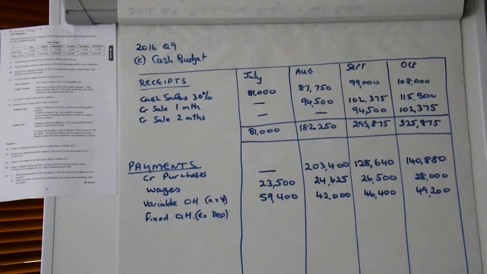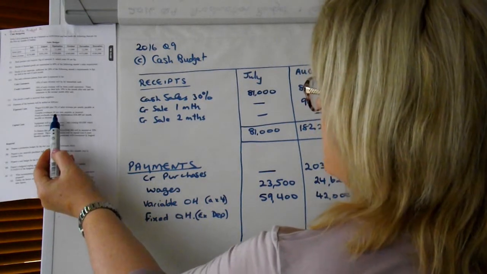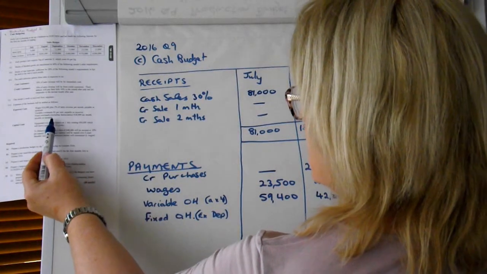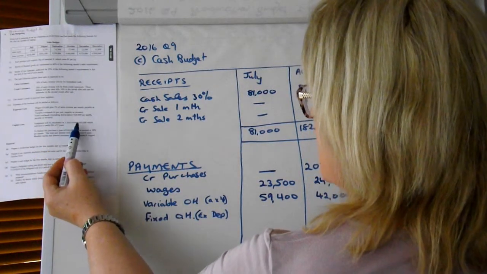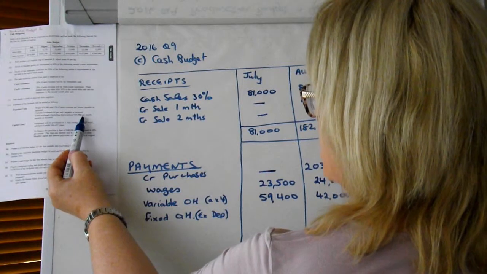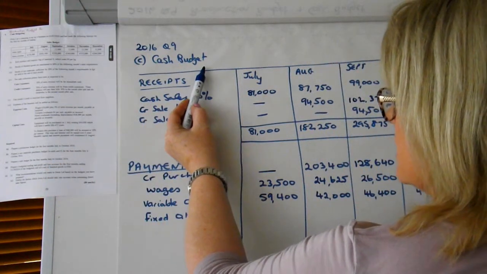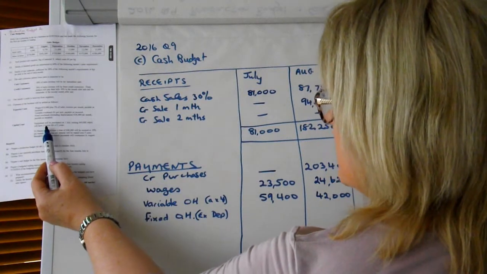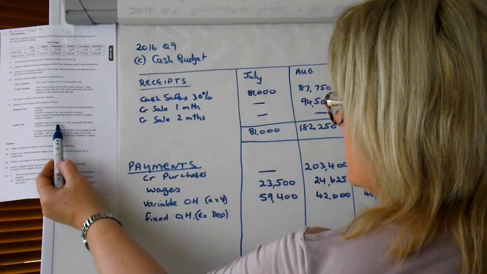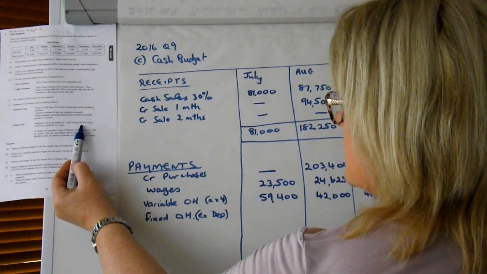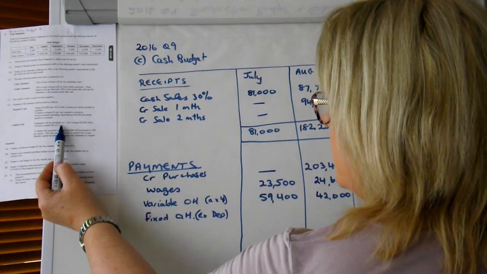The next piece are the fixed overheads, and the figure that we're given in the question includes depreciation, 28,000 per month payable as incurred. So we have to calculate the depreciation and take it out, because depreciation is a non-cash item and doesn't belong in a cash budget. So if we take a look at the next piece, we see that equipment is purchased in July. At the beginning of July, it costs 60,000 and it will have a useful life of 5 years.